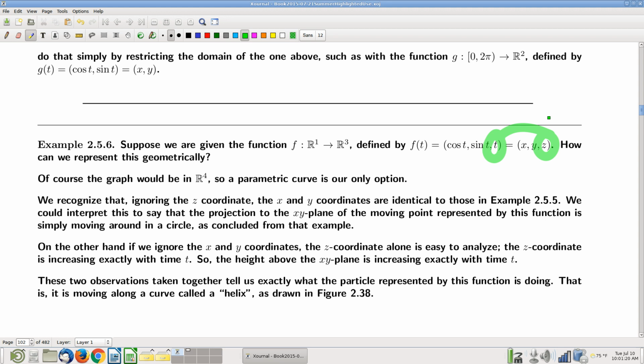So you can put these two pieces of information together. I know that this curve's shadow down in the xy plane is going around in a circle, and I know that the height is increasing at a constant rate. And so geometrically, this is making a helix.